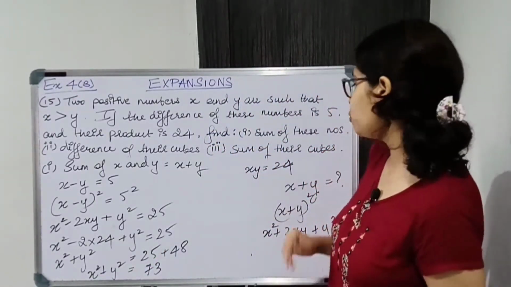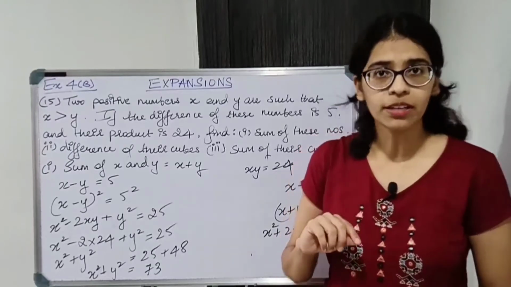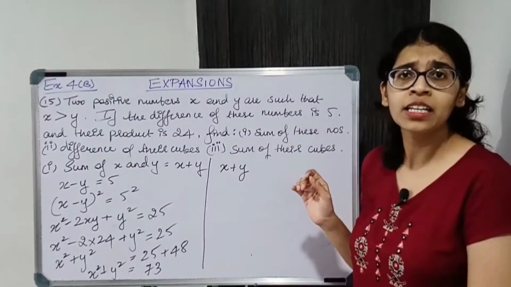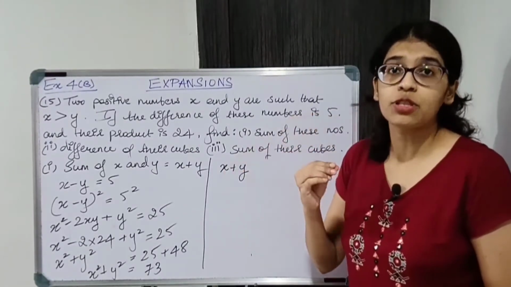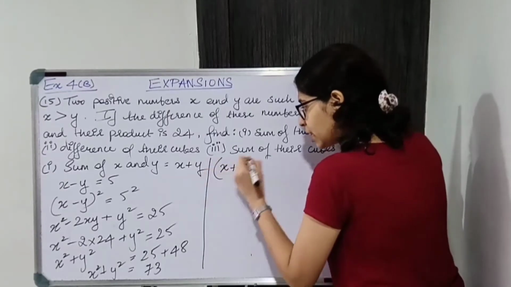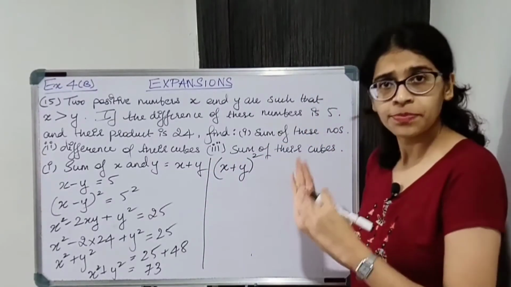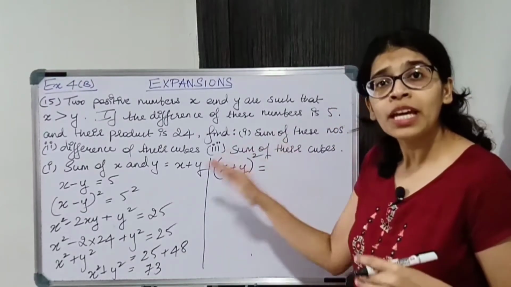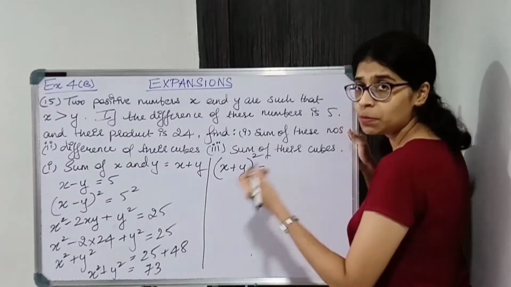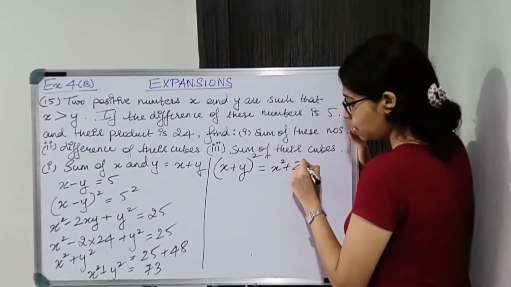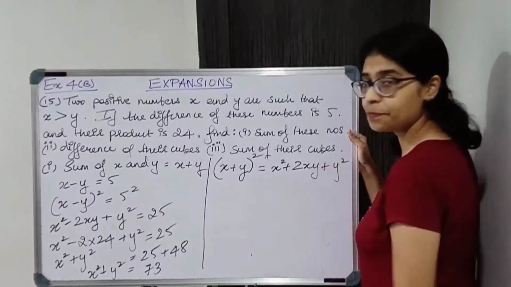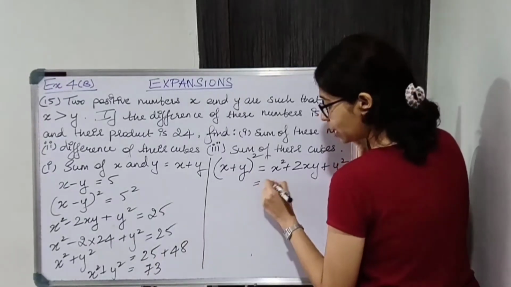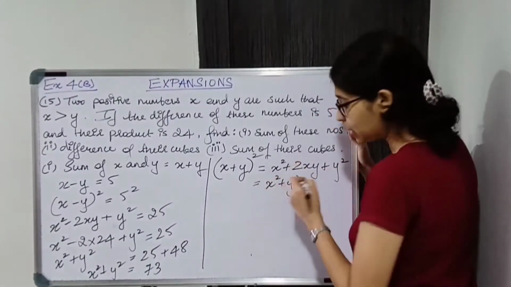Now we'll try to find x plus y. Okay, now x plus y, can I find it directly? No, I don't know any identity for this. So what I'll do, I'll find the whole square instead. Okay, what is x plus y the whole square? It is of the form a plus b the whole square. It is a square plus 2ab plus b square. So x square plus 2xy plus y square. Now x square plus y square, its value I just found, so I'll group them together, so I can substitute the value.